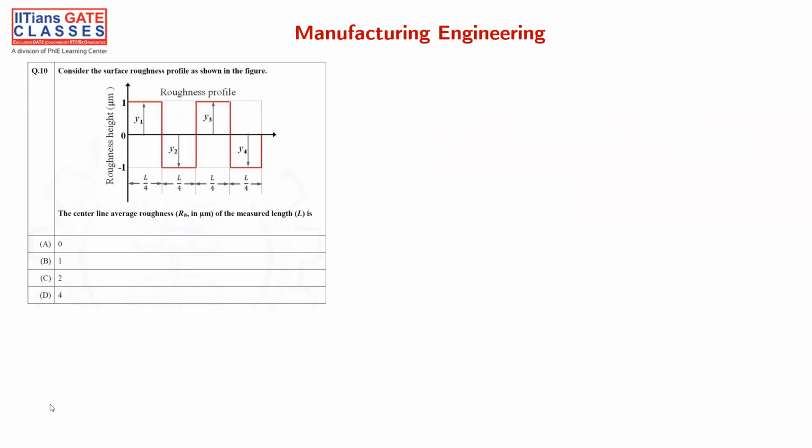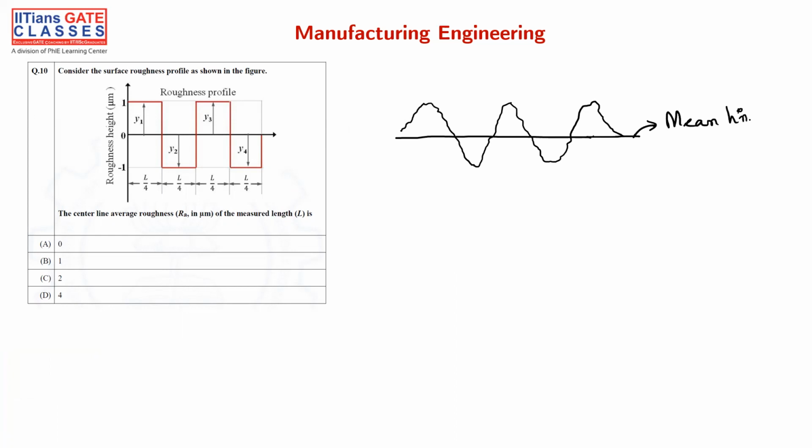Okay, let's see the diagram. Let me draw the diagram here. If you have some kind of profile like this, generally it is not like this. The surface roughness profile will be something like this. You have some ups and downs, right? So what is this? This is nothing but your mean line. And this is the length which you're trying to measure.